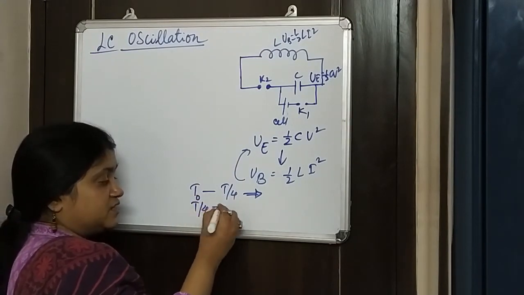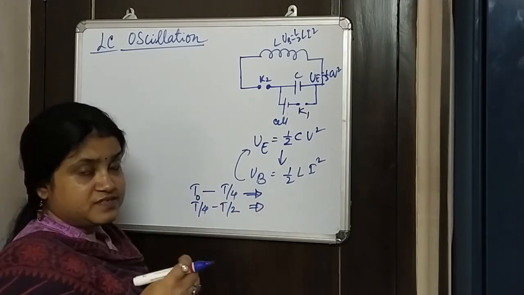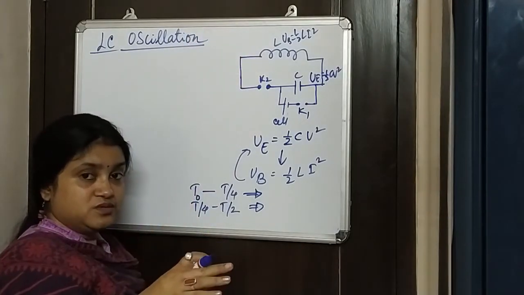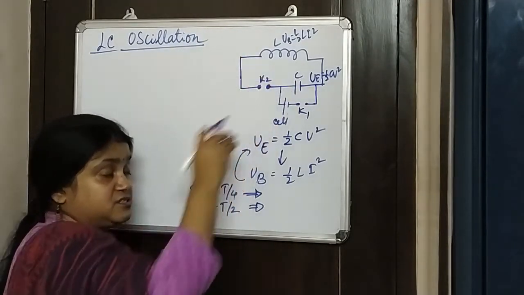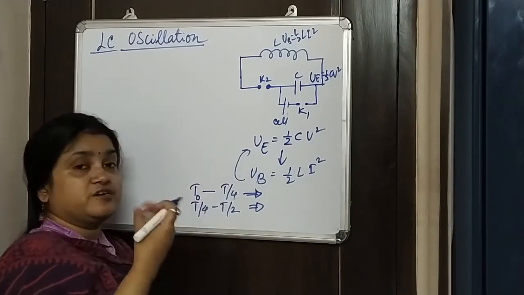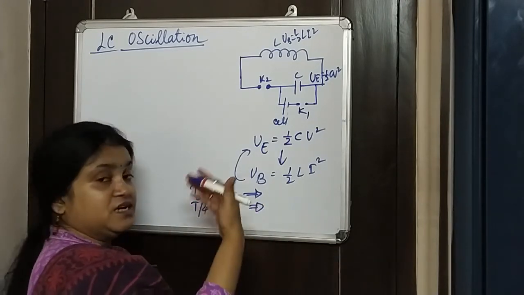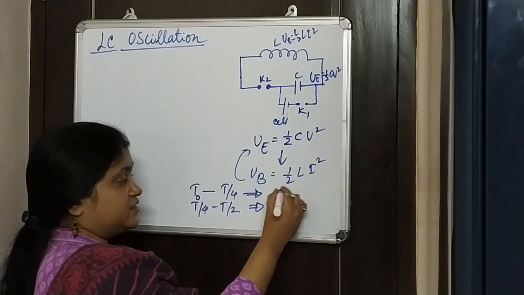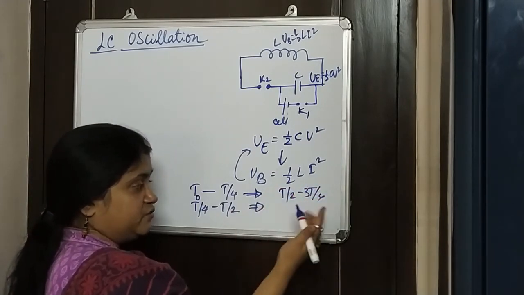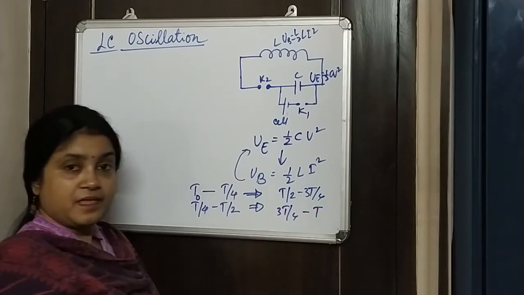Next quarter, that is T by 4 to T by 2, what happens? The magnetic flux starts to decay and the capacitor, with opposite sign, in the opposite direction, would start to get recharged. The same thing would again continue at T by 2 to 3T by 4, and then again it will repeat at 3T by 4 to T, right?